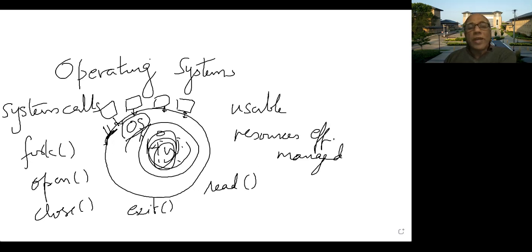So there would be well-defined operations using which these processes can get services. For example, when you issue the fork system call, it would create a new process. The operating system will find memory for the process. It will find space in its tables to accommodate the process, etc. So it is using resources here, but we don't have to know about all that, right?